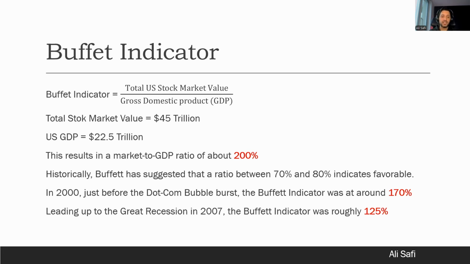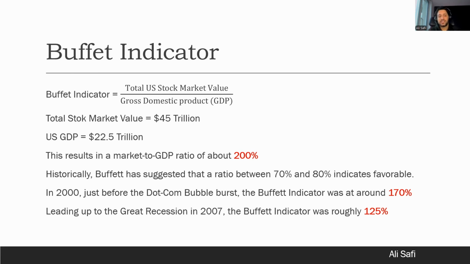Why? Because historically, Buffett suggested that 70% to 80% is going to be a fantastic, favorable time to buy. Opportunity doesn't give us every single day. So it's going to happen potentially in market crashes, recessions, and those market bottoms, which can happen at the end of the cycles, right?